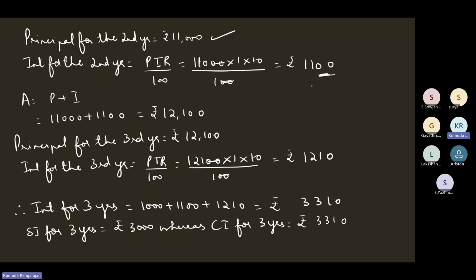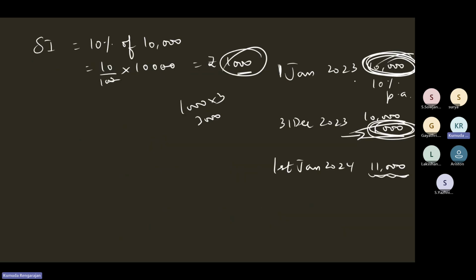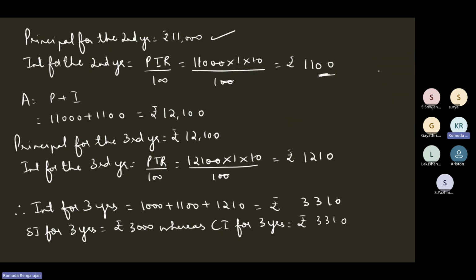Now, when you visit the bank at the end of the second year, so at the end of 2024, in your account, you will see 11,000, which was there at the beginning of the year, and this interest of 1,100. So you will see 12,100 rupees in your account.